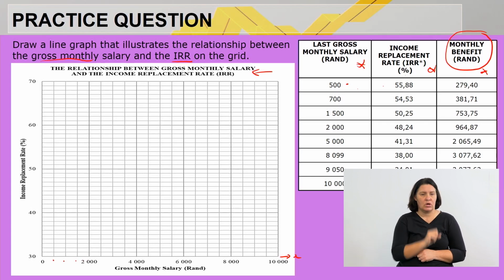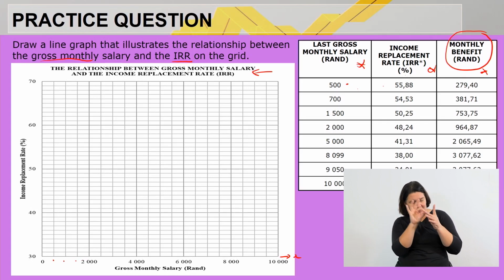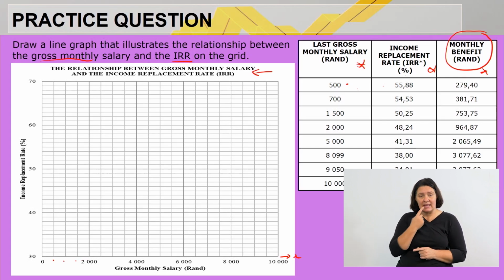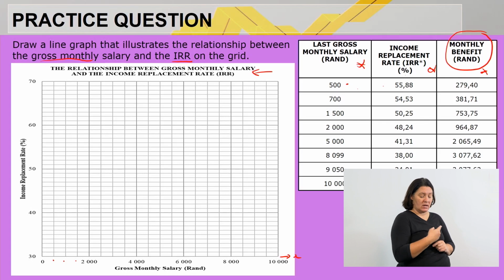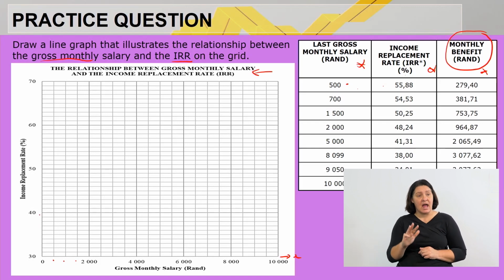That's key, because you must plot at the exact points. Then my income replacement rate as a percentage works in ones: 30, 31, 32, 33, 34, all the way. After 39 is 40.